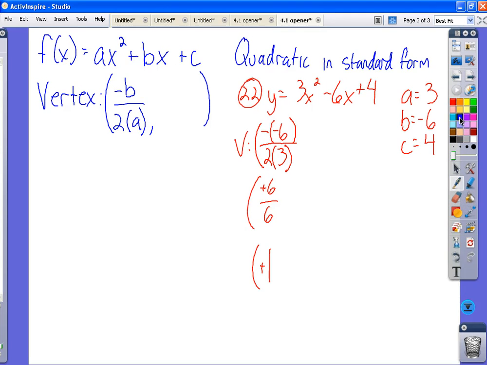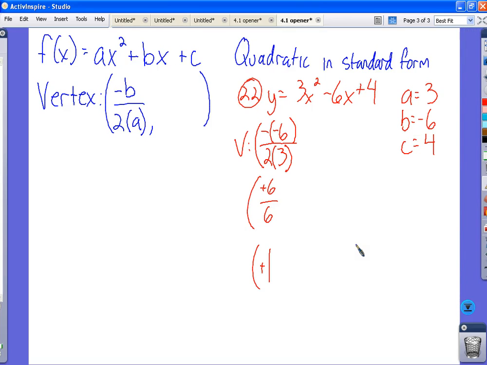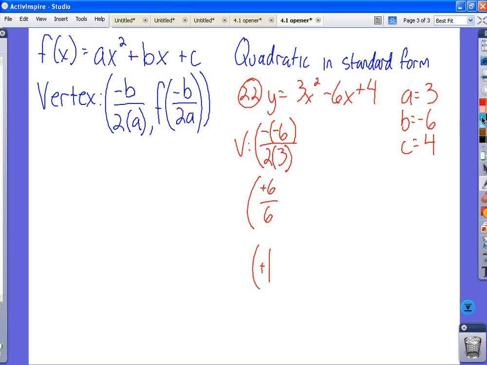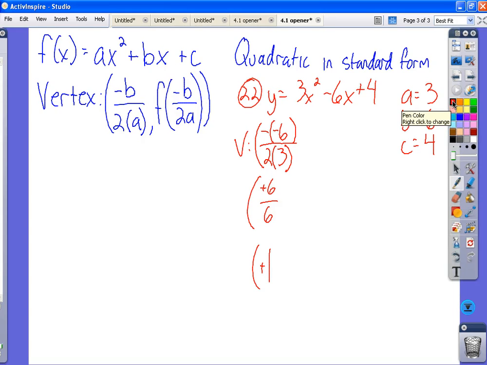But we need the y part of the vertex. How do we find the y? Whenever you have an x, you plug it in for x. This notation just means I took whatever I got from negative b over 2a and put it into f. And so we're going to take 1 and put it into this function.